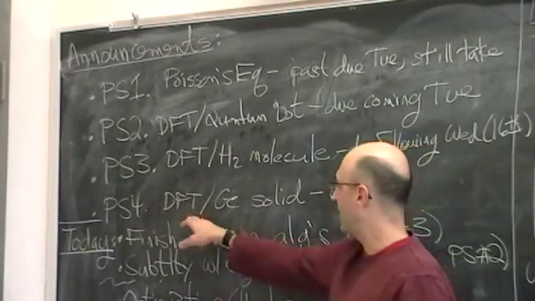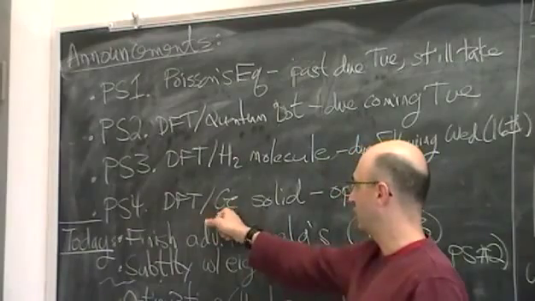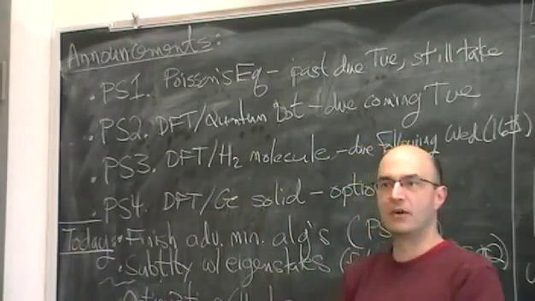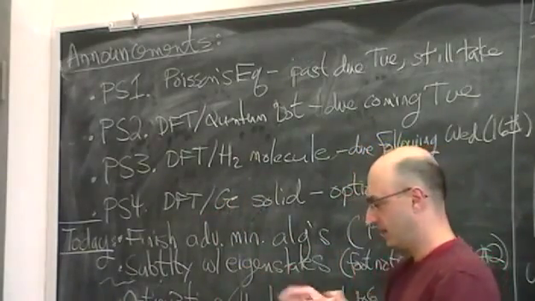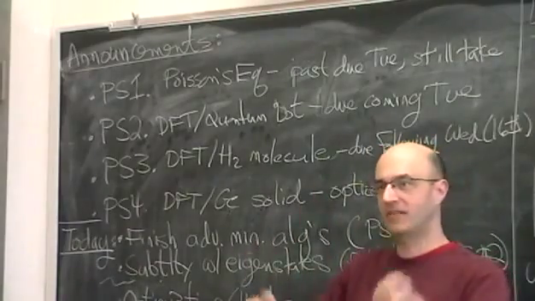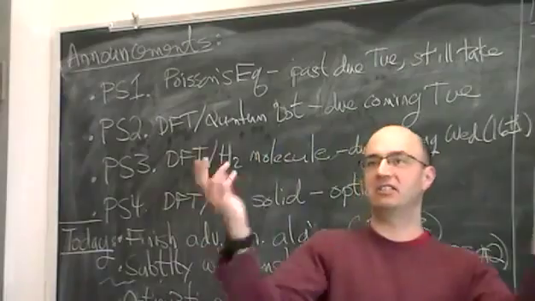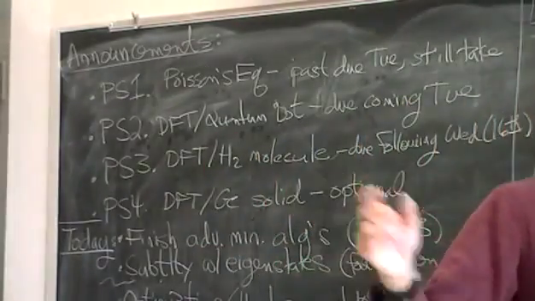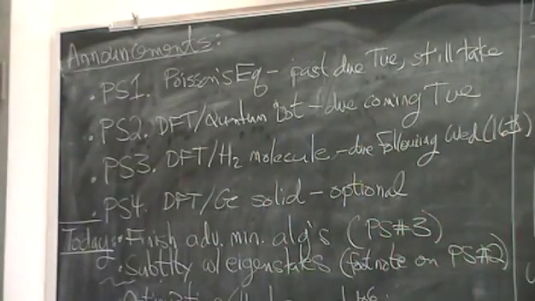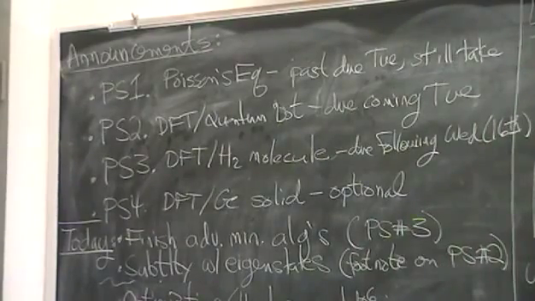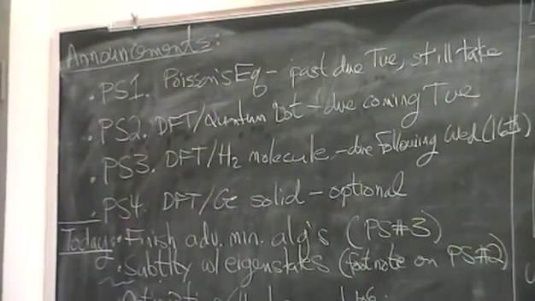If you want to carry out calculations in solids, in particular a germanium solid calculation, we can see the covalent bonds and the cohesive energy and all that. There'll be another problem set I'll put up there if you want to just continue on. And if for some reason you feel a need to make a good impression on me, please, by all means, go ahead. All right, so great.